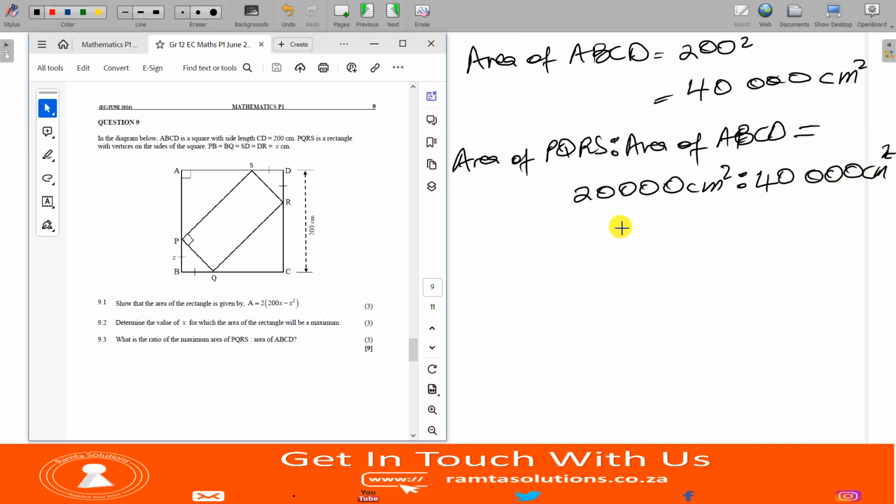So what is this? 20,000 goes once into 20,000 and twice into 40,000. This is similar to saying 20,000 over 40,000. So the ratio is 1:2. And this is how you attempt these questions.